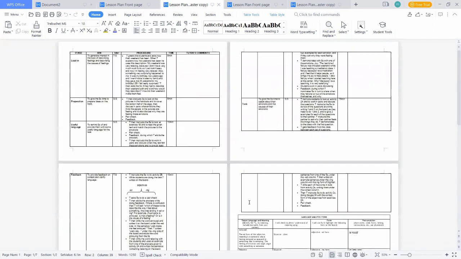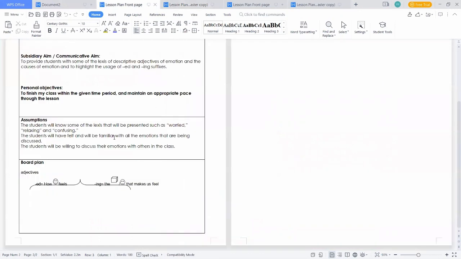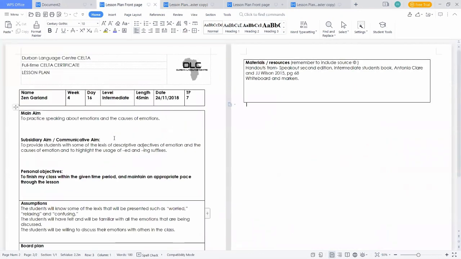So this is an example of a formal lesson plan. I'm going to set you a task of writing your own lesson plan.